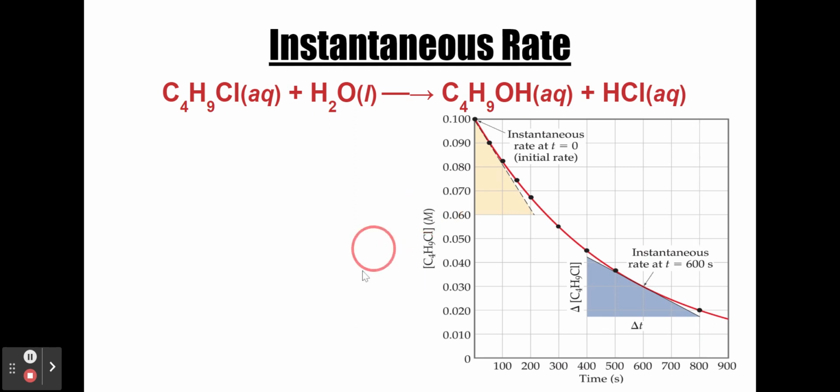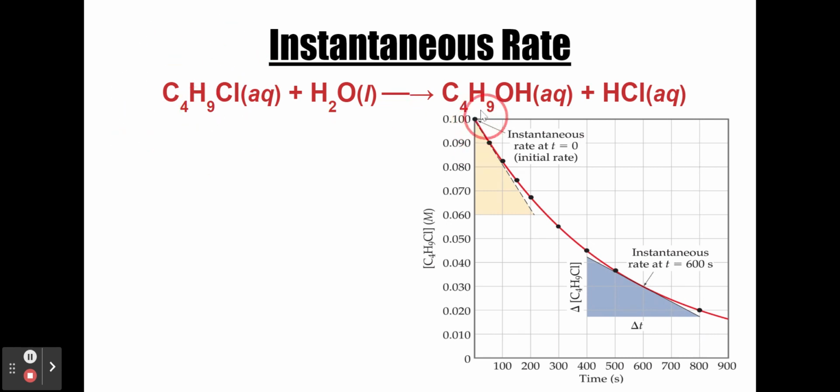On the y-axis we have the concentration in molarity, and on the x-axis we have time. It's a reactant.